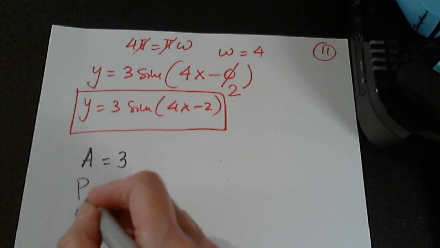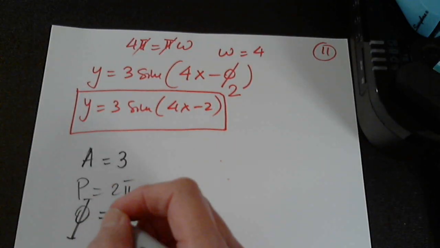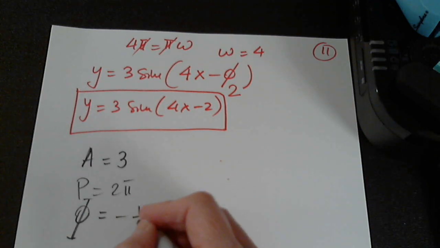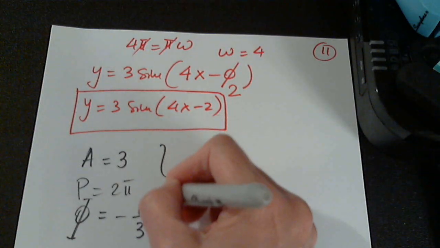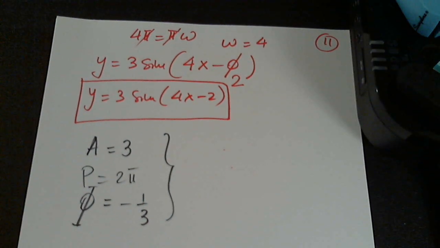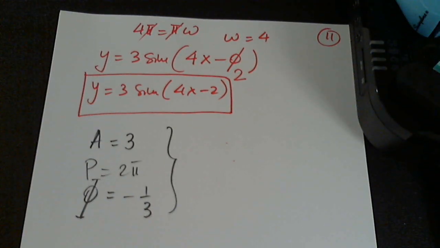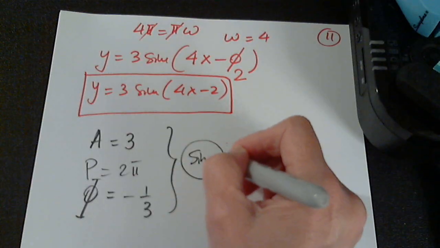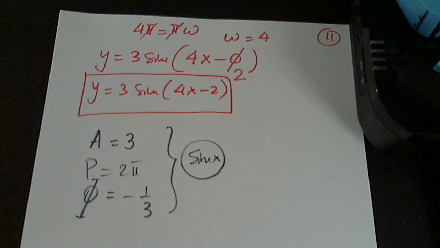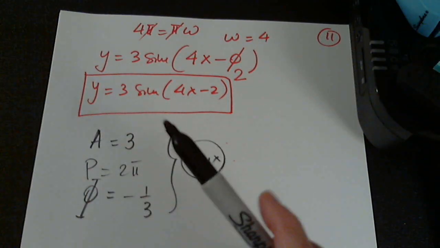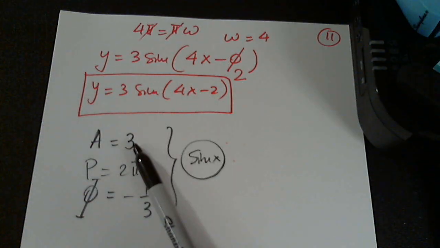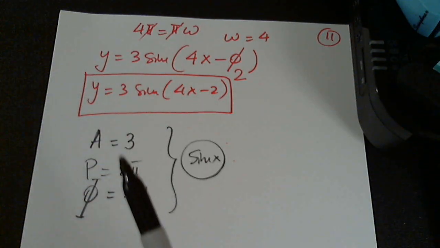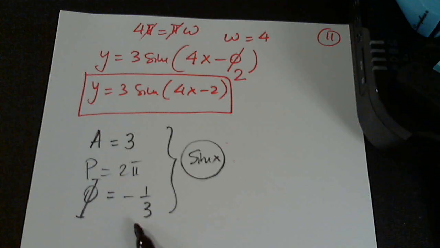And the phase shift phi is -1/3. So let's work on this for a minute. That's your upload for tonight. And we are talking about sine, of course. Exactly how we just did this. We have the amplitude 3, the period 2 pi, and phi, which is -1/3.